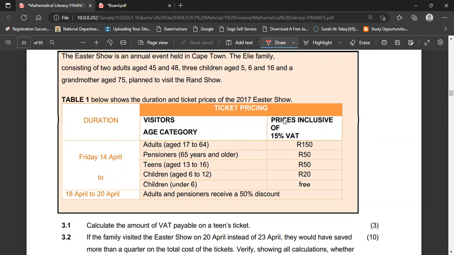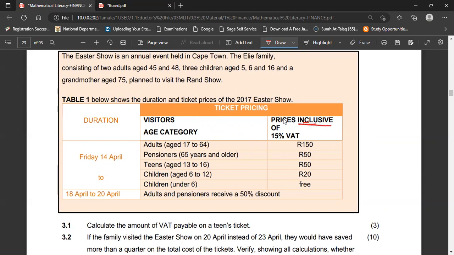Here they say calculate the VAT amount payable on a teen's ticket. Remember the prices are VAT inclusive. So the teen is in this place here, which is 50 rand. So we shall say 50 rands times 1.